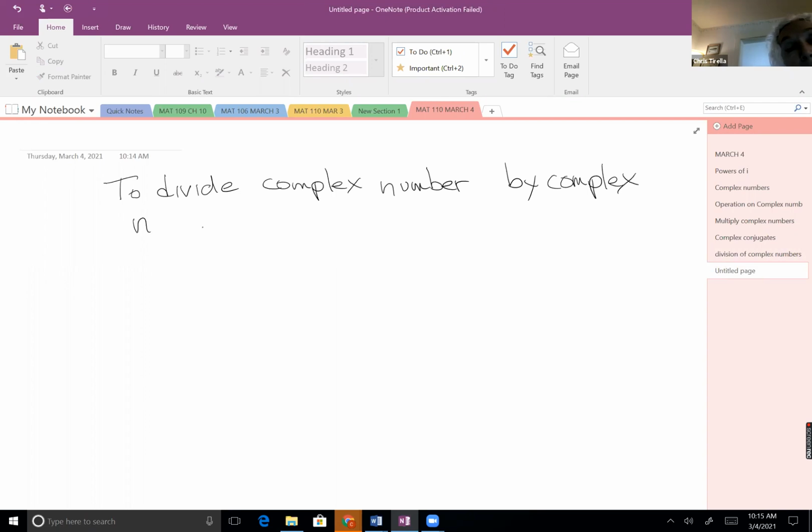And you remember when we were working with radical expressions, we said we didn't want to leave a square root in the denominator. Well, the equivalent here with complex numbers is you do not leave an i in the denominator.